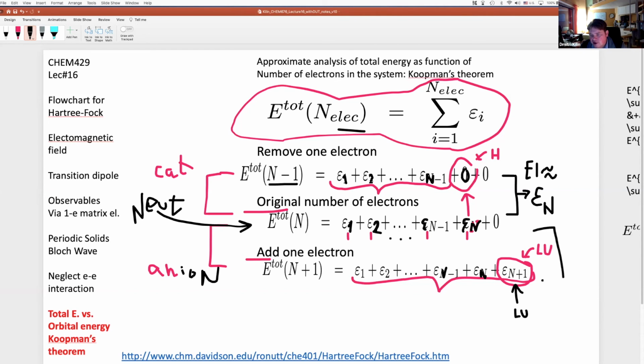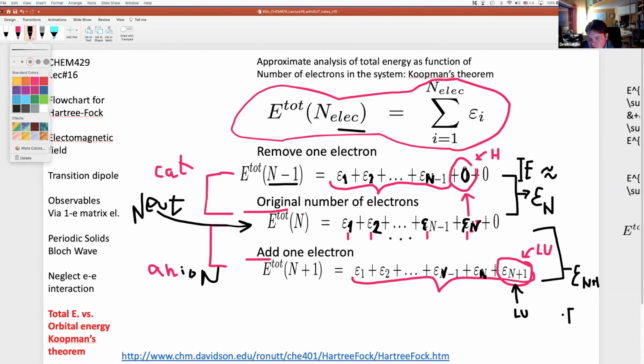If we subtract these 2, we will get the energy of orbital n+1, which is the energy of the LUMO orbital. So here is the ionization energy, and here the electron affinity. Make sense?